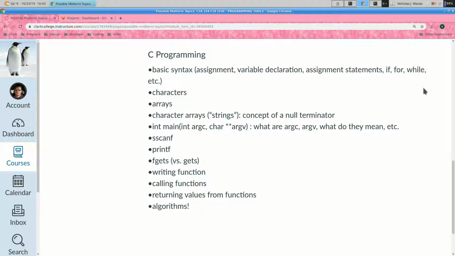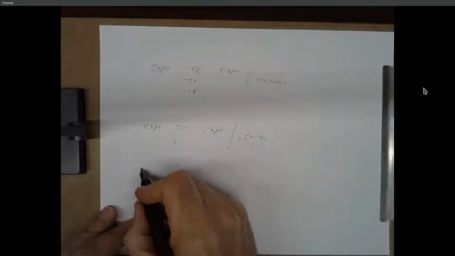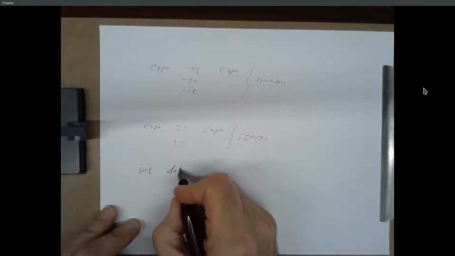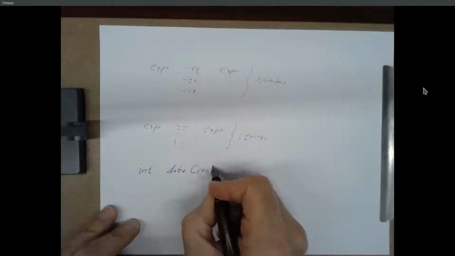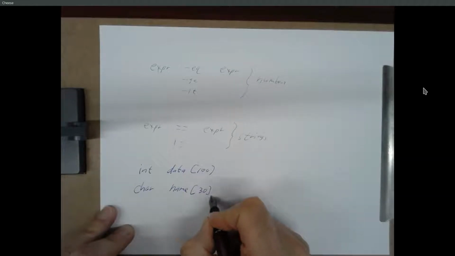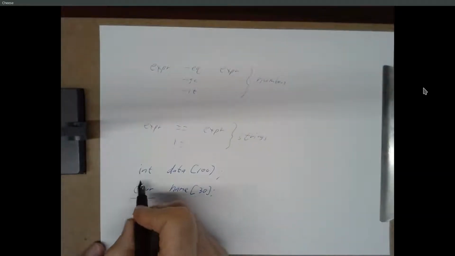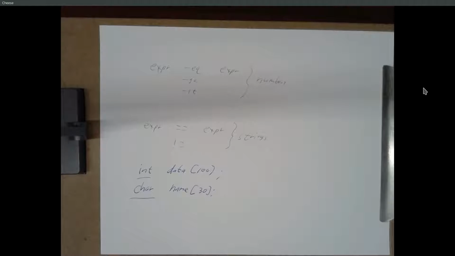Arrays, so if you want an array with storage, you say something like, you know, int data bracket 100, or char name bracket 30. Right? It does three things. It declares a variable of a certain type.